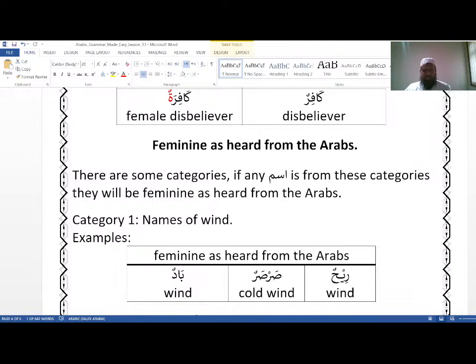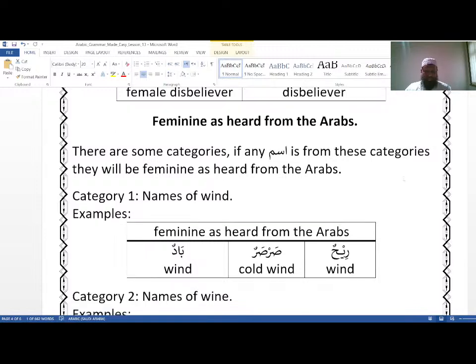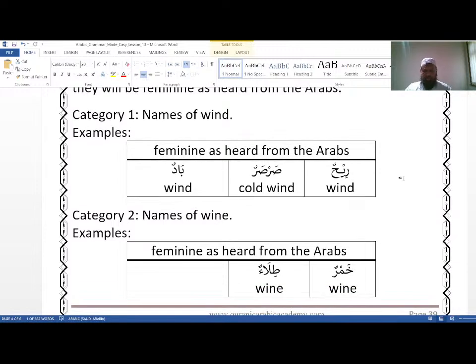Because the Arabs use this ism as feminine, we use it as feminine. So number one category, names of wind. Number two, names of wine. Khamrun, obvious wine. There's another name for it, tila'un. It's not used a lot, we never heard it. But khamrun is feminine.